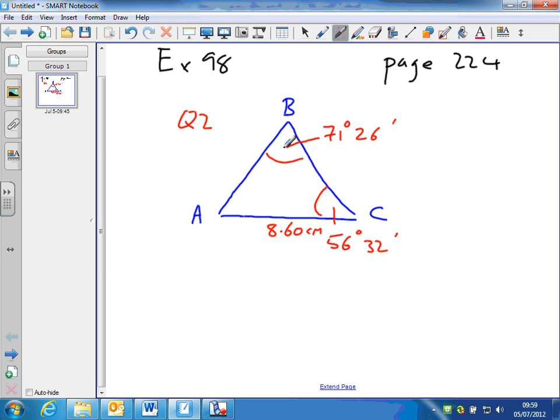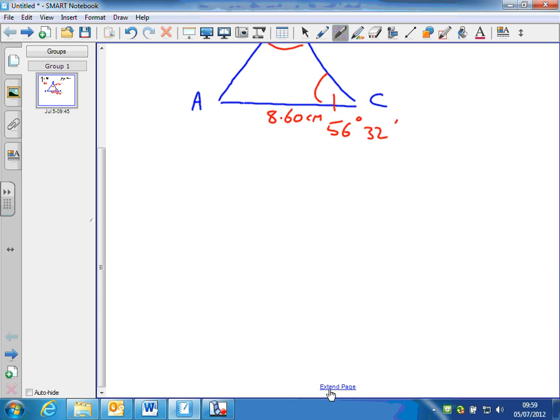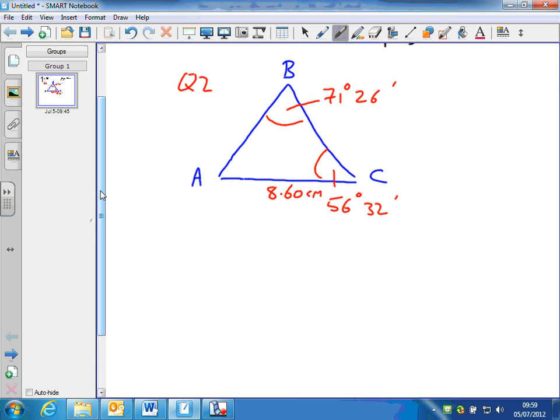I will do one of the sides to start you off and just talk about how we find the missing angle. So when the angles are divided up into degrees and minutes, we have to remember that there are 60 minutes in 1 degree.